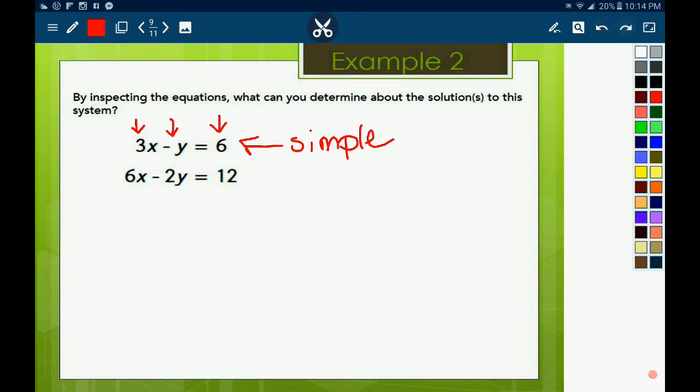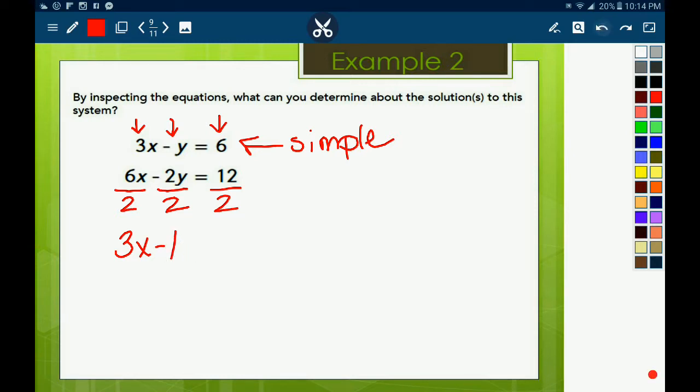So let's actually simplify the second equation. Let's divide everything we see by 2. If you divide an entire equation and you divide all of its terms, you still keep the equation balanced and it's still the same equation. So let's see what this equation turns out to be. 6 divided by 2 is 3. -2 divided by 2 is -1.